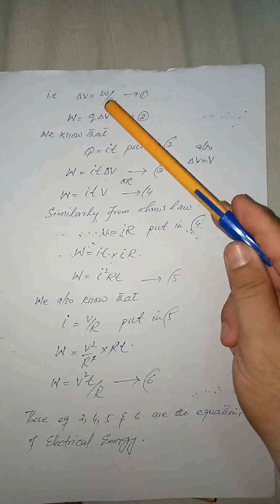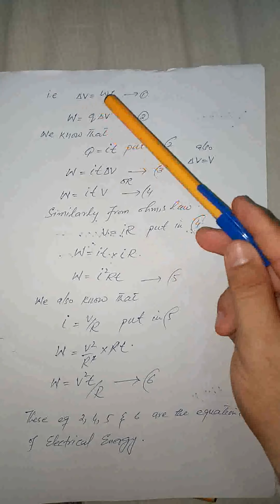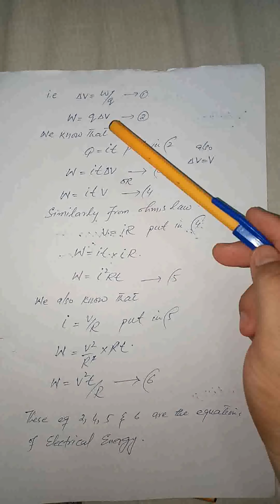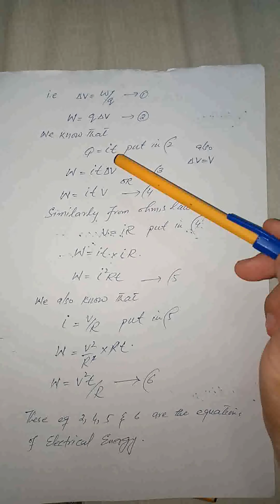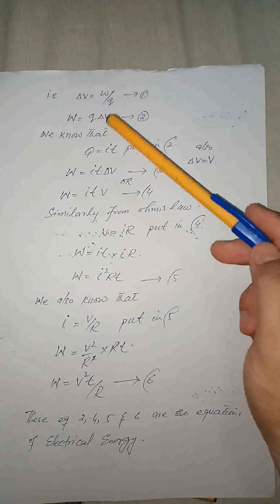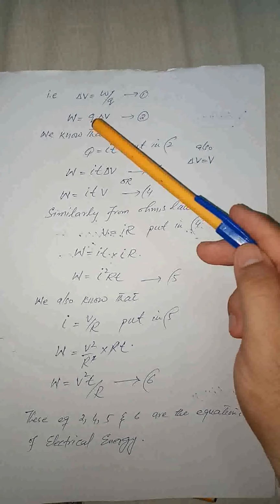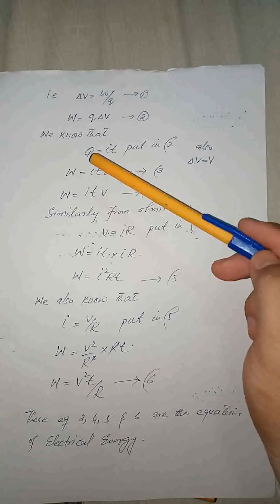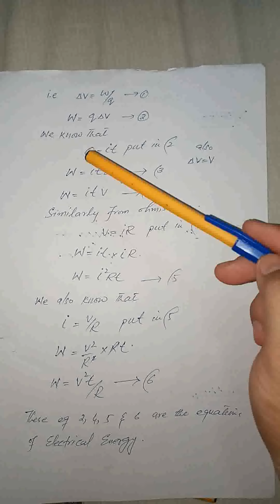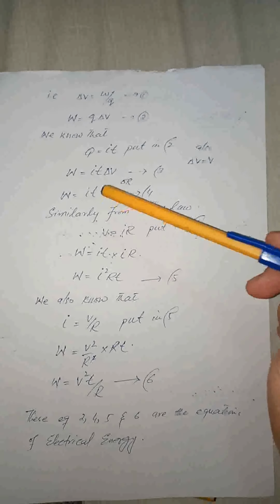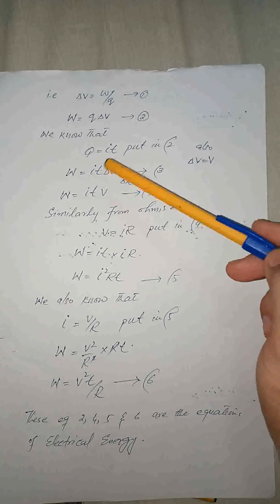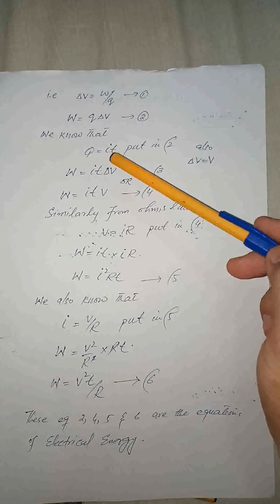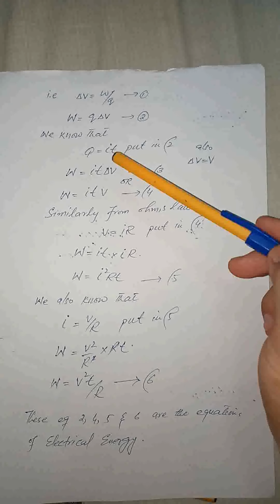By cross multiplication, W is equal to Q del V. We also know that Q is equal to IT. Put this in equation number 2. Here small q, here capital Q, no difference. Q is equal to IT, either small q or capital Q, it will always be equal to IT. So no need to be confused.